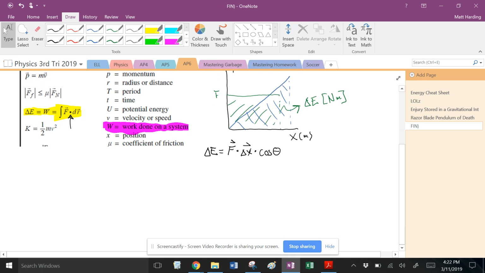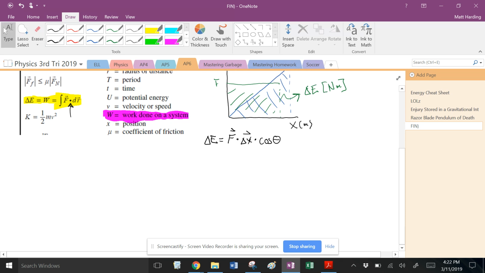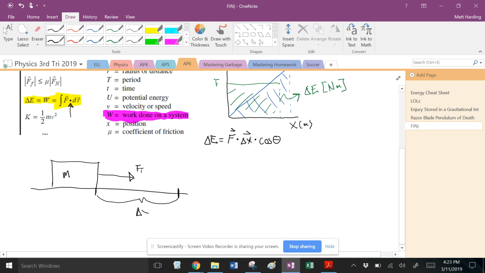So let's look at a couple of examples here. Let's say I've got a box being dragged across the floor. Let's make this a box, mass M, and there's some kind of tension force T acting on this thing, and it's going to move a distance delta x.